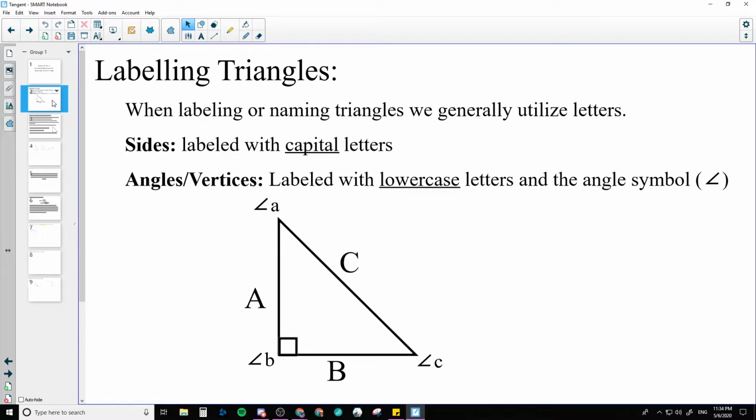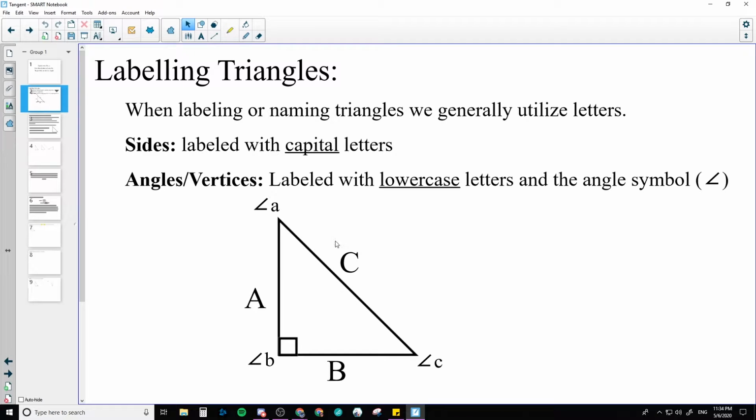So we're going to go over the labeling of triangles first, then we will move on to some of the terminology, and then we'll actually start getting into the math associated with these triangles. So when we label or name these triangles, we generally utilize letters. These sides will be labeled with capital letters, and the angles, also known as vertices, will be labeled with lowercase letters and the angle symbol.